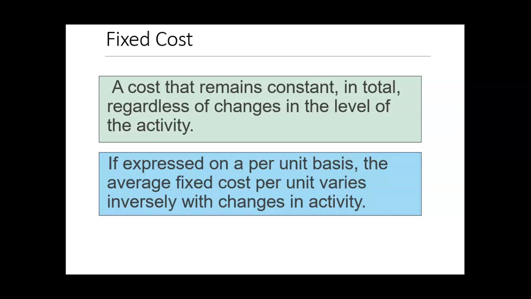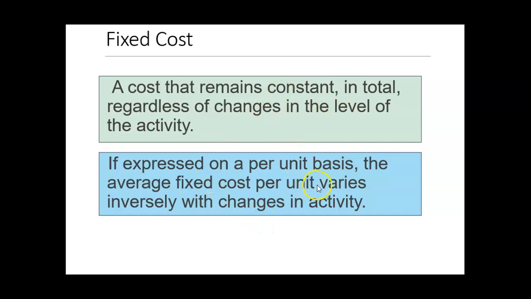Okay? If you produce 1 unit, your rent is how much? It's $1,000. If I produce 1,000 units, my rent is how much? $1,000. So because the cost is fixed, the cost remains constant regardless of the level of activity inside of that warehouse.